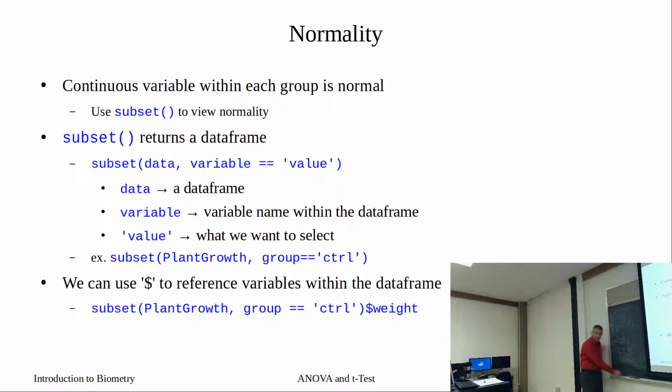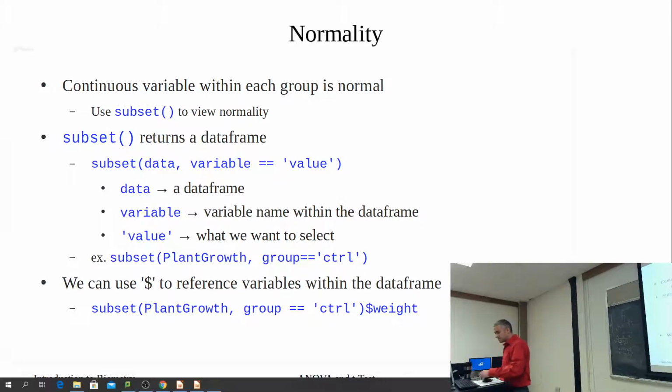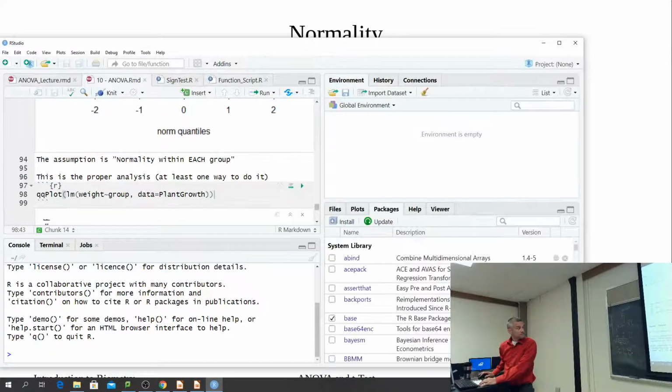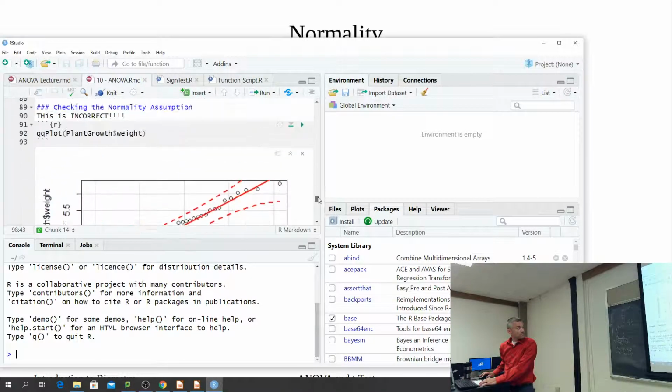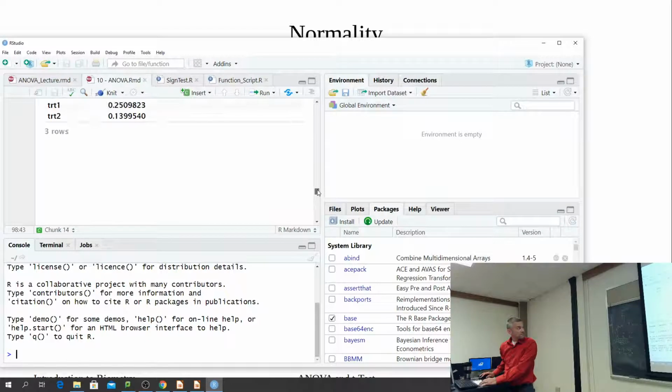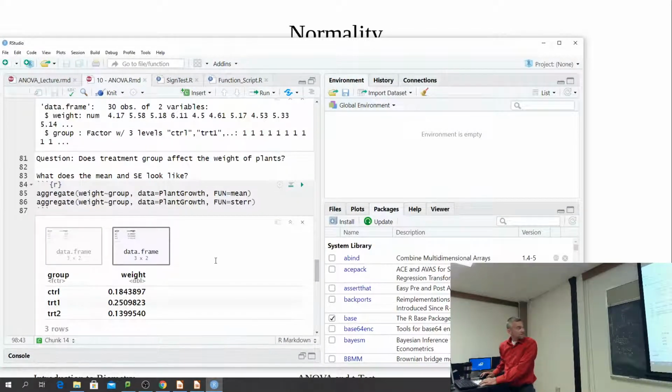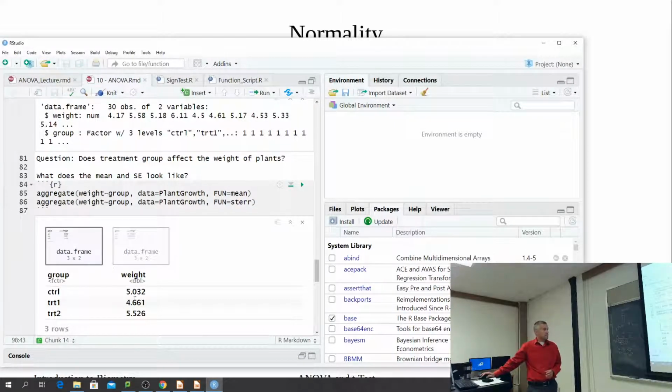Okay. And then, since we're on the plant growth, let's open up our studio. Plant growth, where's my cursor? There it is. These are the means, right there. Here are our means.